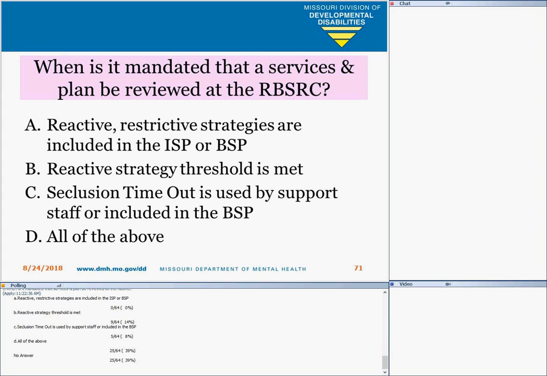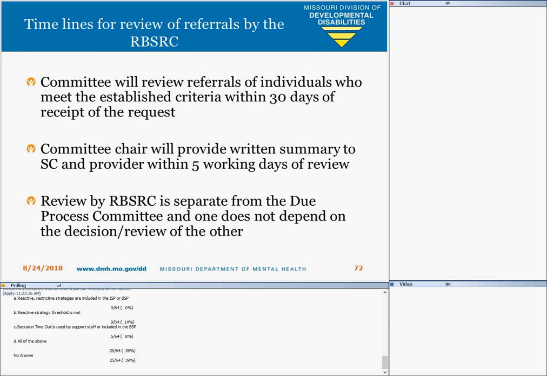So it's the threshold for review, not just the threshold for review by the committee, not just the threshold for planning team review. So you could answer B or C and I would consider that correct, but it's not all of the above. 14% of you answered that one correctly.